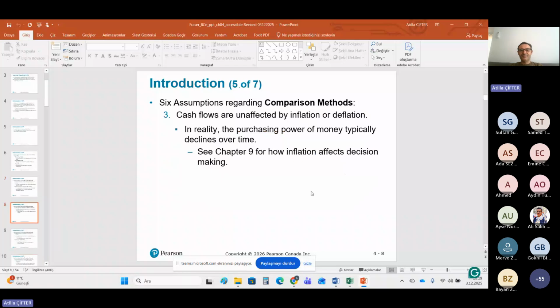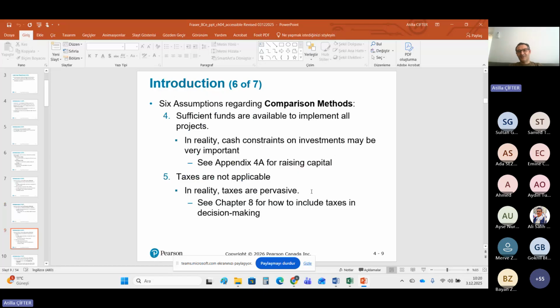And then we have another assumption that cash flows are unaffected by inflation or deflation, because we directly use cash flows, so we don't adjust them with real values. Of course, we can use some tools to adjust for inflation, but here we will take that cash flows are not affected by inflation. And then another assumption is that sufficient funds are available to implement all projects.